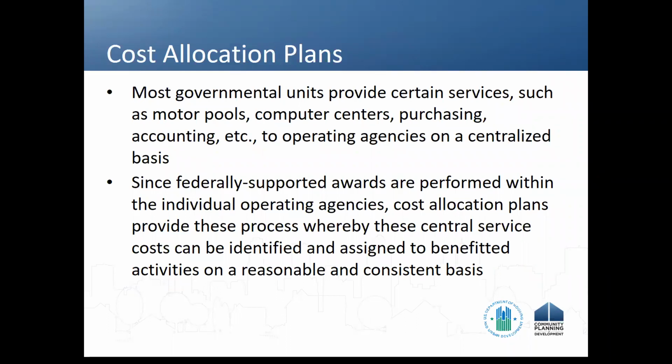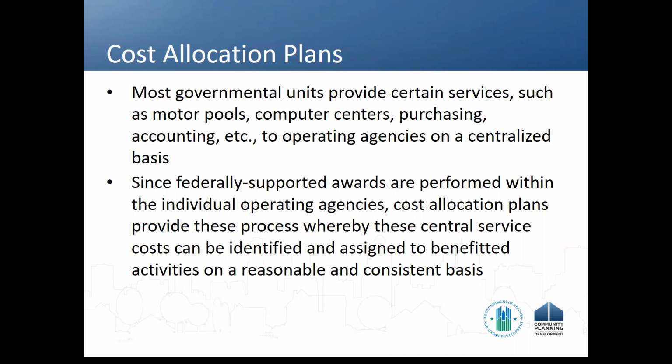Next, let's look at cost allocation plans, which are limited to states, local governments, and Indian tribes, and cannot be used by nonprofit organizations. Most governmental units provide certain services, such as motor pools, computer centers, purchasing, accounting, and the like, to operate agencies on a centralized basis.